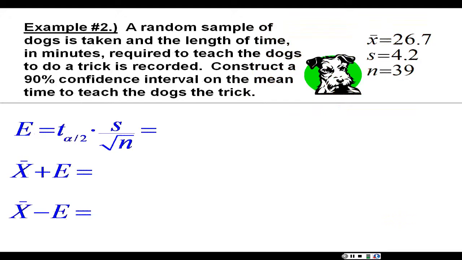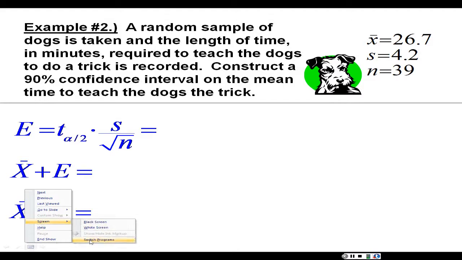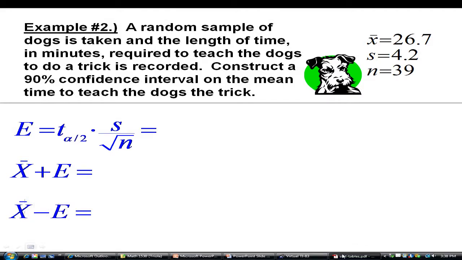In order to do this, our first step is to find our E, our margin of error. In order to do that, we need to find our t-critical for 90%. Well, what is our degrees of freedom? 38. This becomes a problem when it comes to tables. Some of them will have it, and some of them will not.